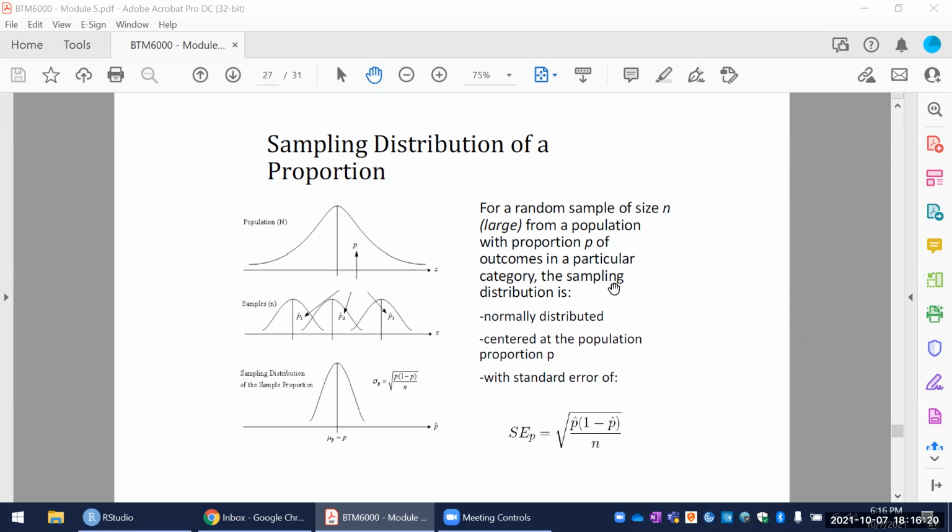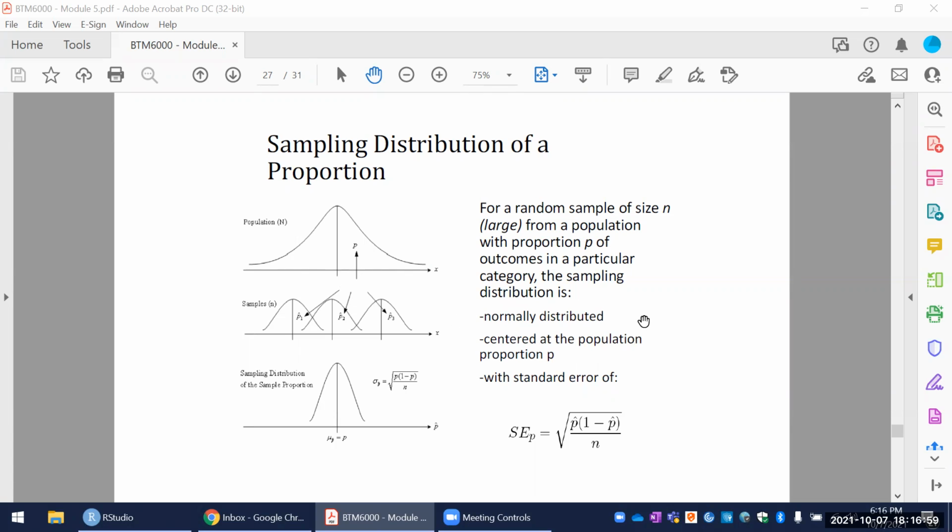For a random sample of size n from a population with a proportion p, as you continuously draw various samples, you will get a proportion value in your samples that, depending on the sample size, will be fairly close to the proportion you found for a certain characteristic in your population. The size of the sample determines how close that is and how much variability this sampling distribution forms around the actual proportion in the population.